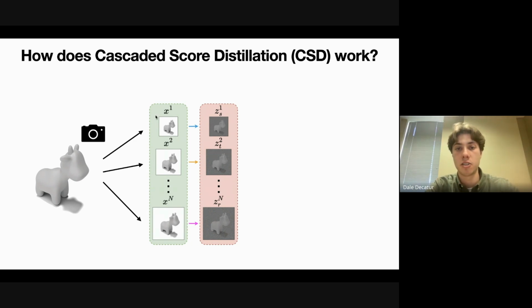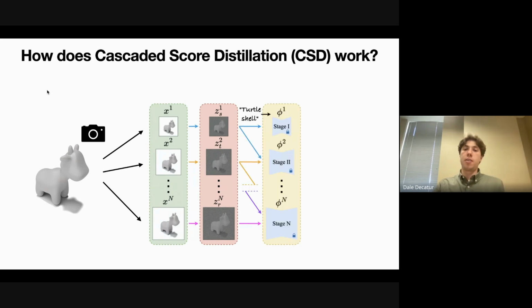So again, SDS is just going to be this top row, but in our case, we have all these different resolutions as well. And then this is where things get a little bit different. In SDS, you condition on just the text prompt and the current noisy image for that resolution. For the super resolution stages, we're now going to condition on the corresponding resolution, but also the resolution of the previous stage, the lower resolution stage one below. That's going to be our condition for our model.